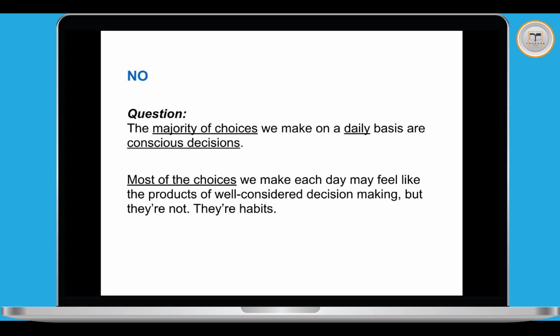Most of the choices means the majority of choices we make each day, daily, may feel like the products of well-considered decision-making, conscious decisions, well-considered decision-making. At the moment it looks like it's a yes answer, but then we read on, but they're not, they're habits. So they are not conscious decisions, these choices that we make, they are habits. So the answer's no. Again, it was just about finding the keywords and comparing the question with the passage.